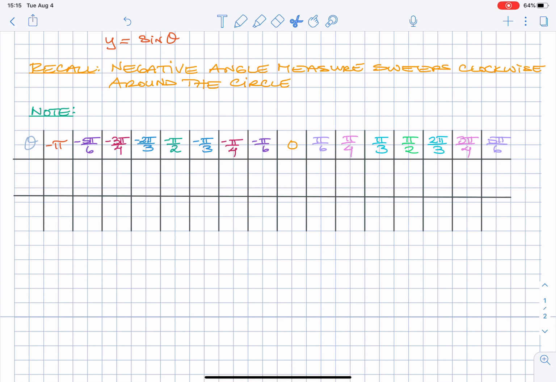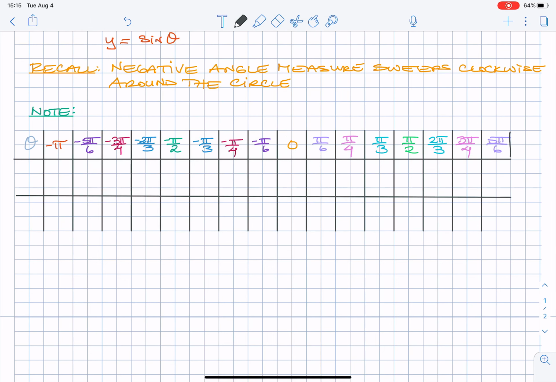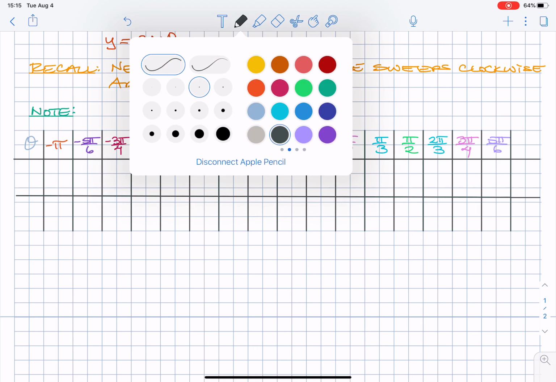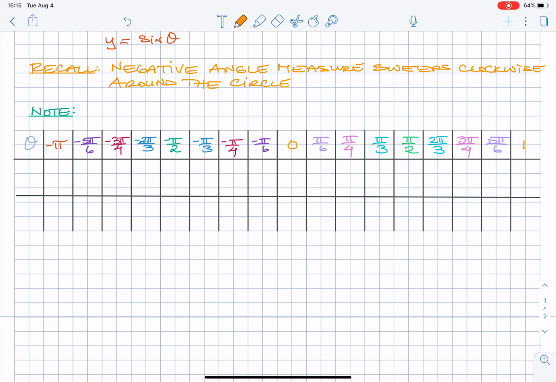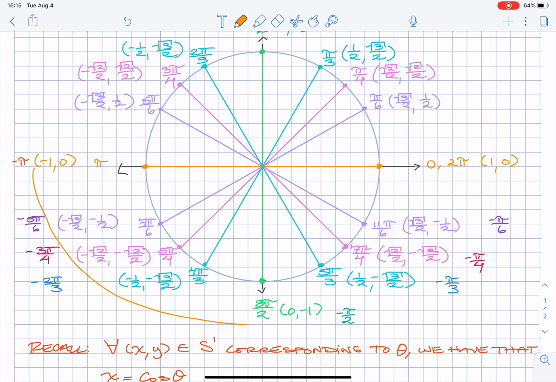Okay, so let me erase these. Okay, so I'd like to fit one more entry here. And of course that would be positive pi. So I'm going to fit positive pi here. So notice I've gone full circle from negative pi all the way around to positive pi.